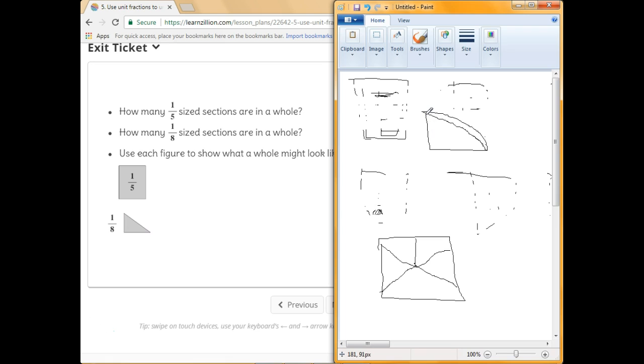So 1, 2, no. It's confusing how to do it with a triangle. Like this. So maybe like 1, 2, 3, 4, 5, 6, 7, maybe? Maybe like that. Yeah. We should do it like that.